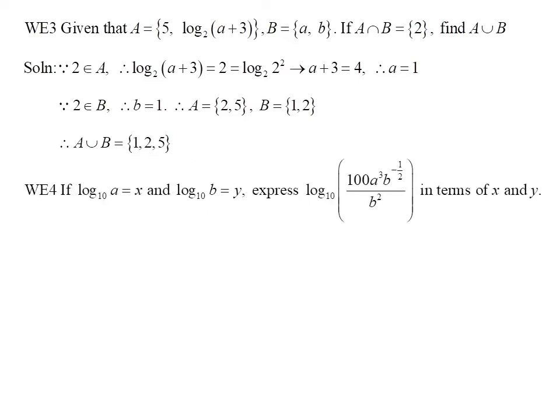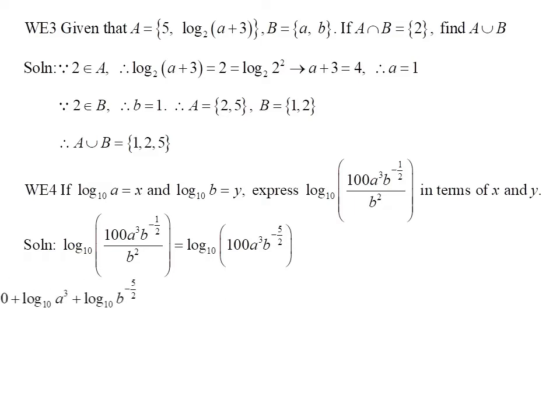Example 4 is to simplify a logarithmic expression in terms of x and y, given that the common logarithm of a equals x and the common logarithm of b equals y. According to the given logarithmic expression, we applied logarithmic product and quotient rules to make it equal to the common logarithm of 100 plus the common logarithm of a cubed plus the common logarithm of b to the -5/2.